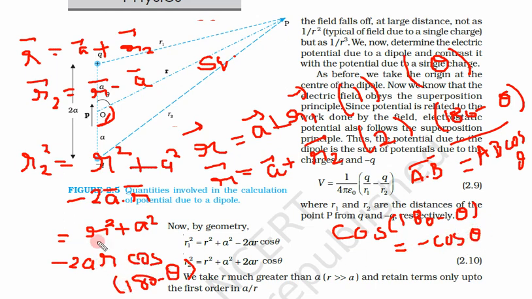If we apply it here, this will become simply R2 square is equal to R square plus A square, and the minus cancels out, so 2AR plus 2AR.